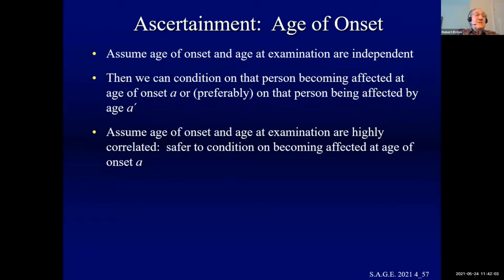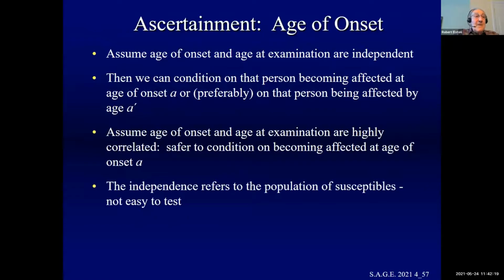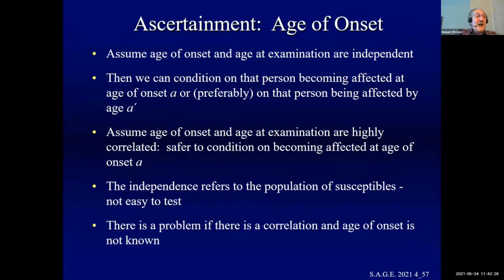Now, let us assume the age of onset and age of examination are highly correlated. Then it's safer to condition on becoming affected at age of onset A. Remember, the independence refers to the population of susceptibles, which is not easy to test, who's in it and who's not in it. And there's a problem if there's a correlation and age of onset is not known.